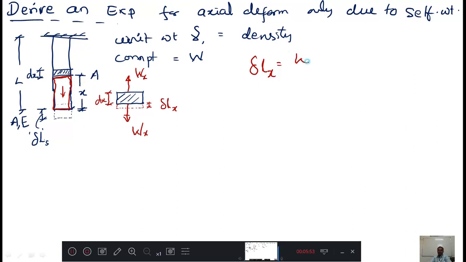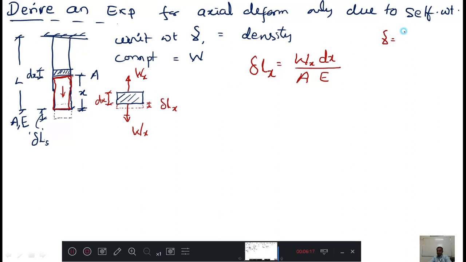P here is Wx, L here is dx, A here is A, and E here is E. Now this is your small strip's extension. Now here this Wx is there. Now how to get this Wx? That I will write here.